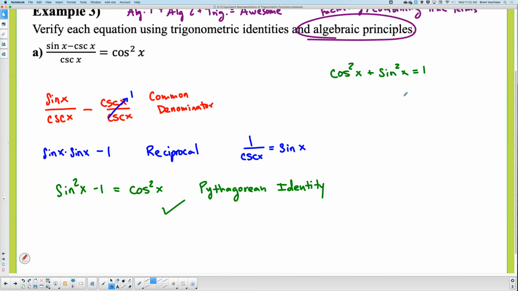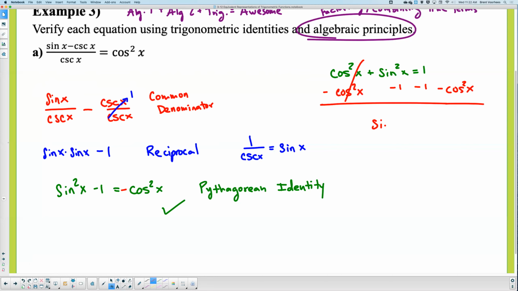Well, if I did some algebra to rearrange this, I could subtract cosine squared from each side. Oh, and I see I got a typo on this. I could subtract cosine squared from each side, and I could subtract 1 from both sides. I want to put the negative there. I got to fix that. And then what do we get here? These are opposites. They cancel out.